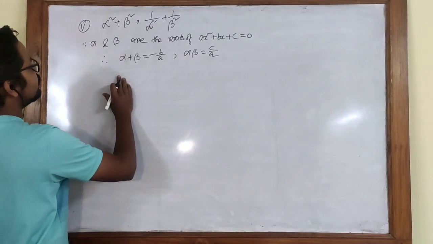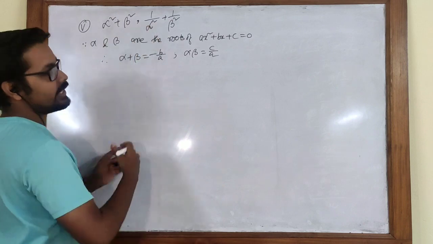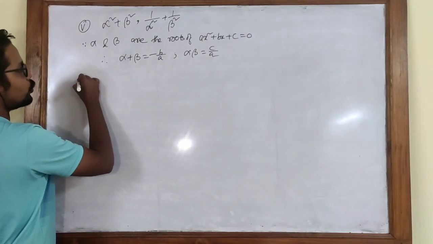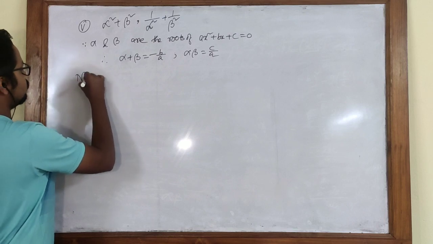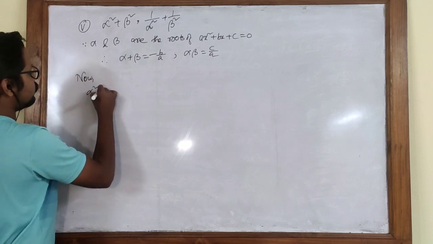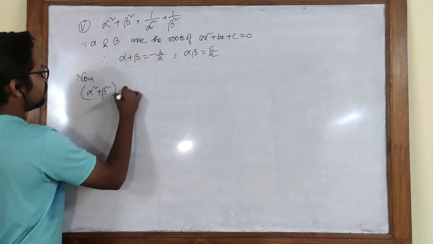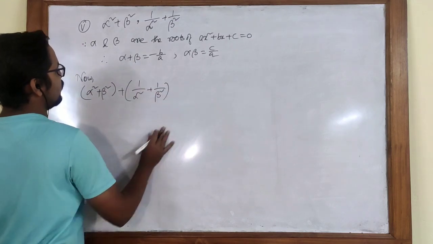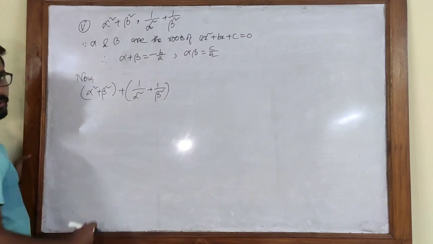Now let us move on to the next step. I have to find the sum of these two and then the product of these two. So let's find the sum. Now, alpha square plus beta square plus 1 by alpha square plus 1 by beta square. So this will be the sum of the roots.